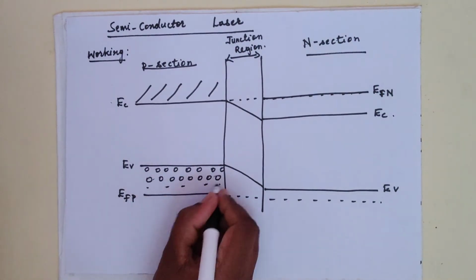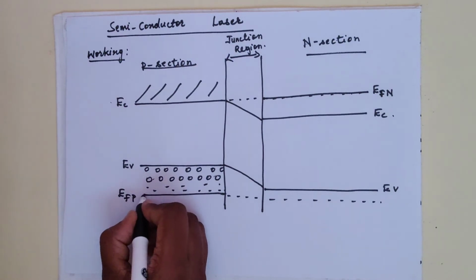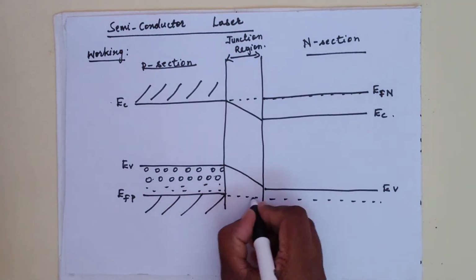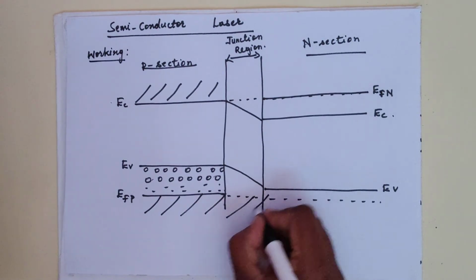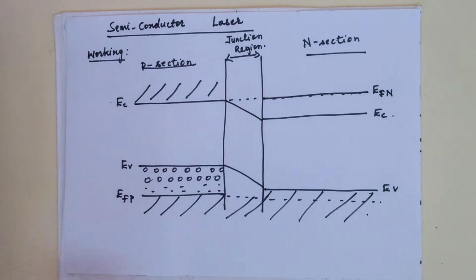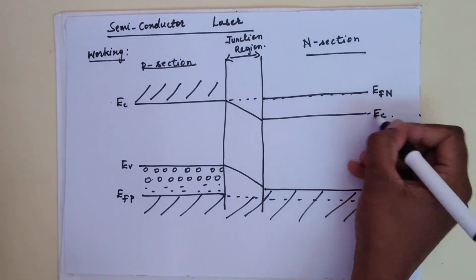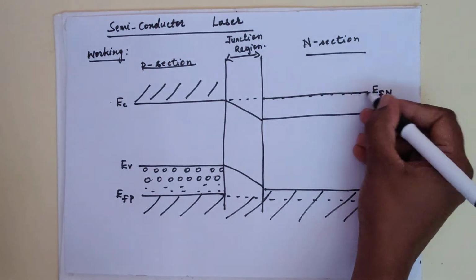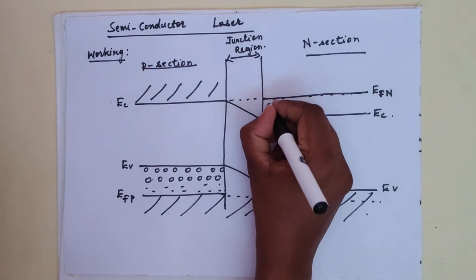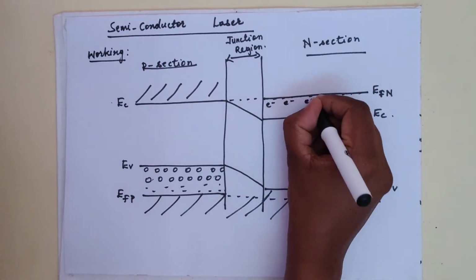Below the Fermi level, all the levels are completely filled. The Fermi level in the N section is found above the conduction band. Above this all the levels are vacant, and here it is filled with electrons.